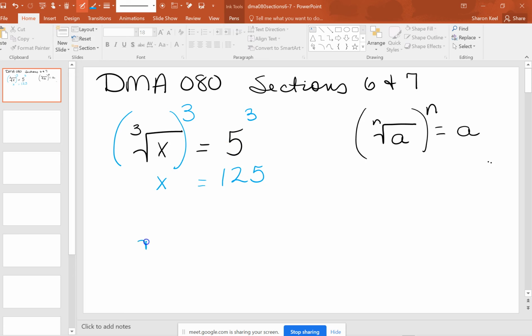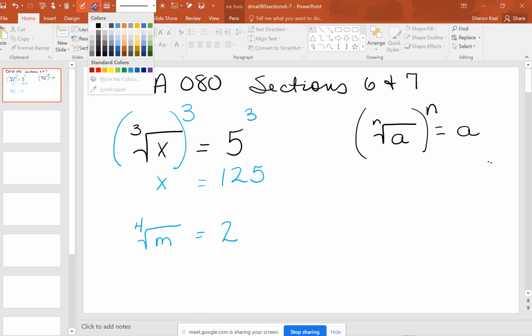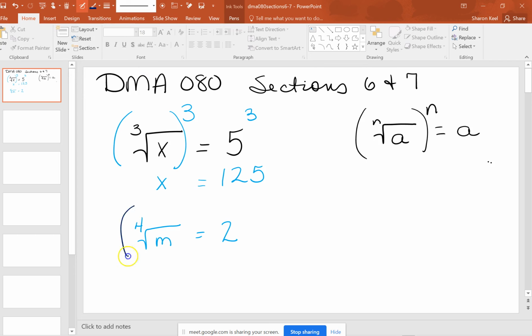Let's say if we had the fourth root of m is equal to 2. The power that we would raise to would be the same as the index. So I would take this whole unit and raise it to the power of 4, which means on the other side I would raise to the power of 4.